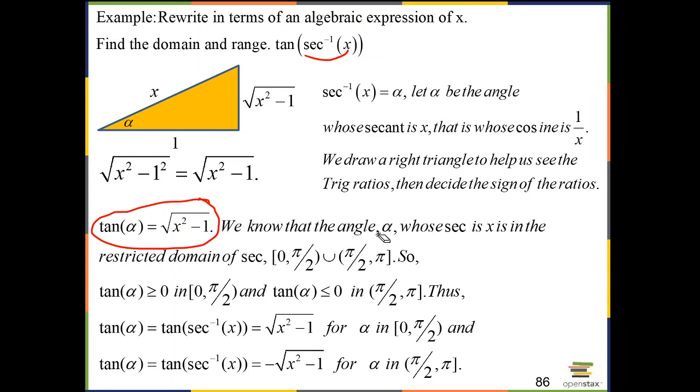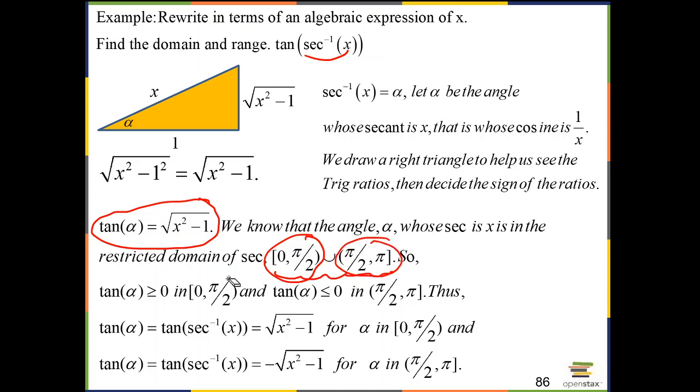We know that the angle alpha, whose secant is x, is in the restricted domain of secant, which is that, right? So tangent is positive in this interval, and tangent is negative in this interval.